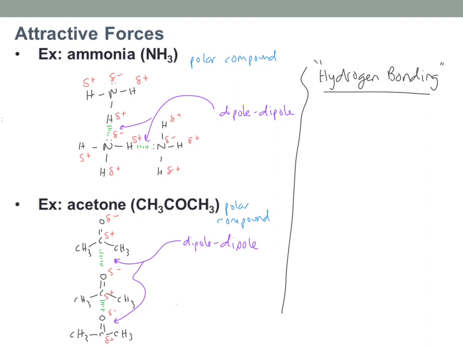The idea is that hydrogen bonding is just the strongest type of dipole attractive force. But it is a dipole-dipole, and it has its own special name.